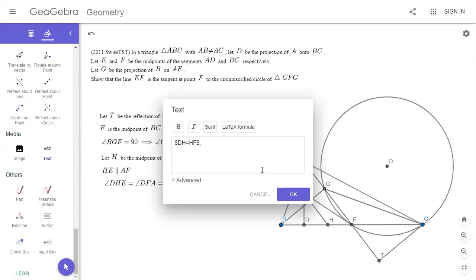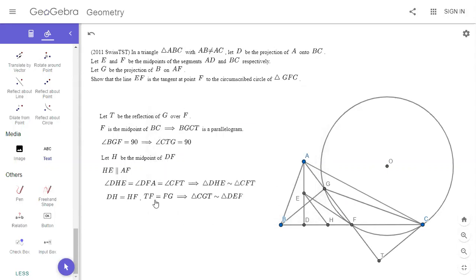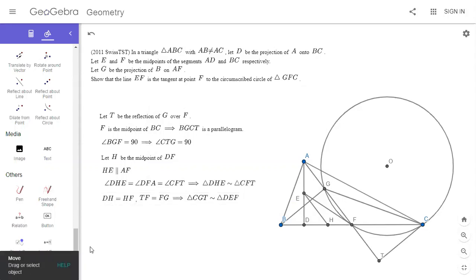and FT, EF is equal to FG, means that CGT is similar to, what is it? DEF. And then from there, H corresponds to F in those two triangles.